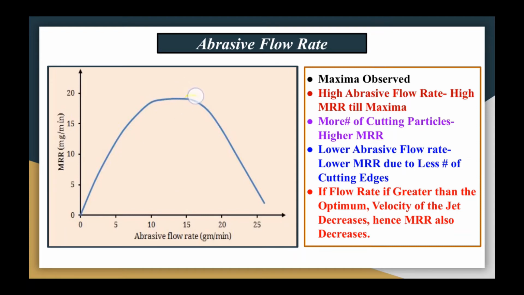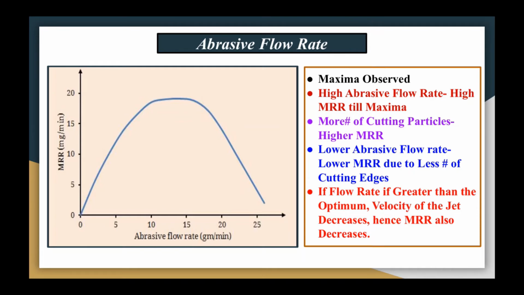There is an optimum or maximum value of MRR, beyond which it starts decreasing. Now let us see what the reasons for this are. Once there is an increase in flow rate, you will get a higher MRR till the maxima that you obtain over there.